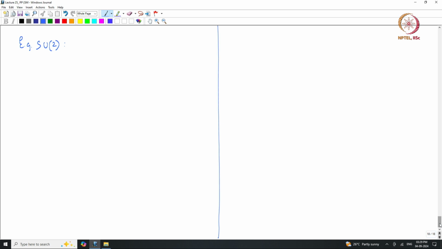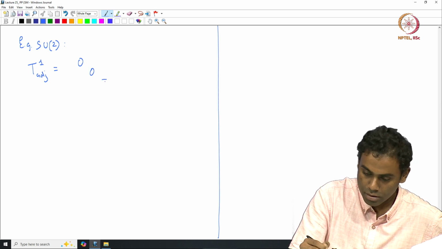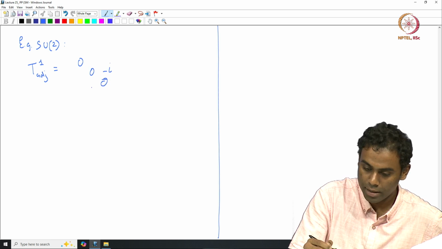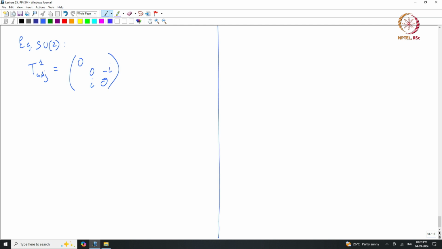And if I were to construct what the generators are in the adjoint representation, it will just be 0, 0, 0, minus i, and the rest are 0.